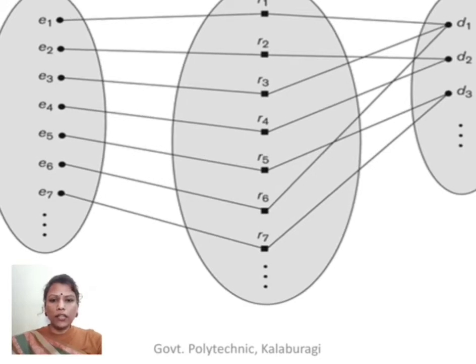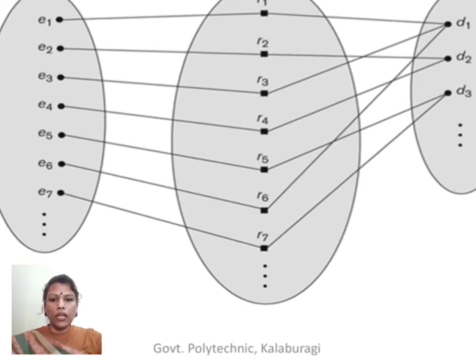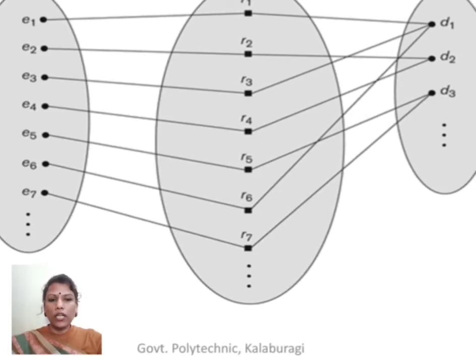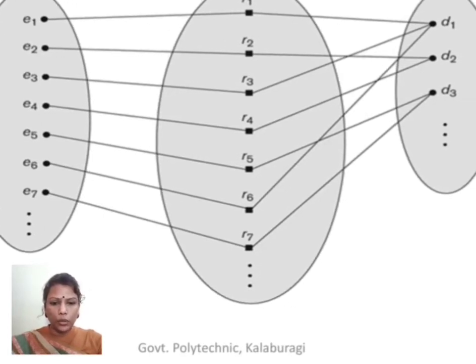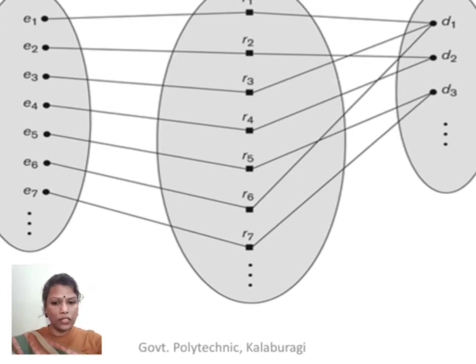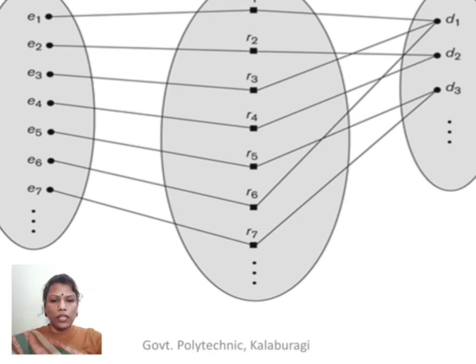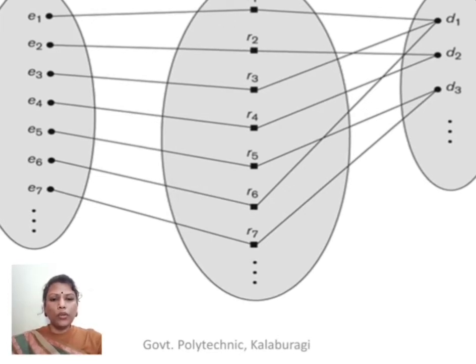See here another instance: employee E2 is associated with department D2. That is the association of instances, right? So that we can represent using relationship R2. What is the relationship R3?